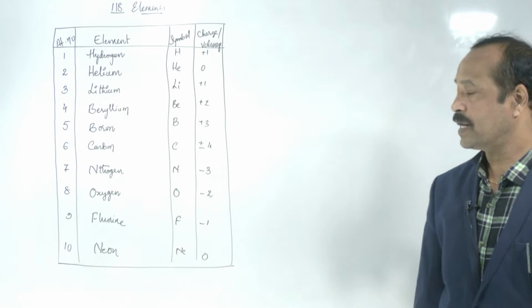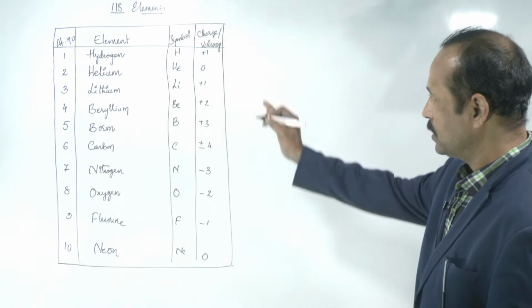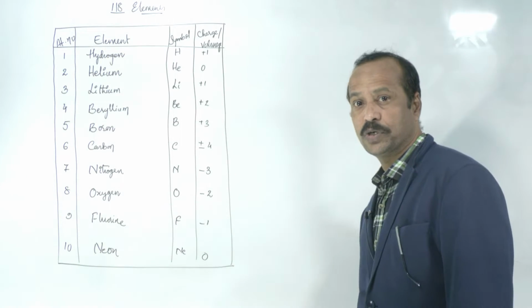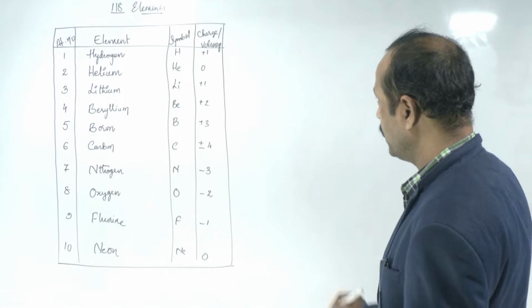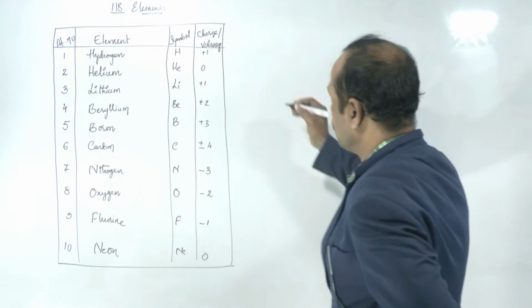Then write the next 10 elements here. Okay. This is visible to you, I think. So you can write that one. Right. Now I am going to write the next 10 elements here.